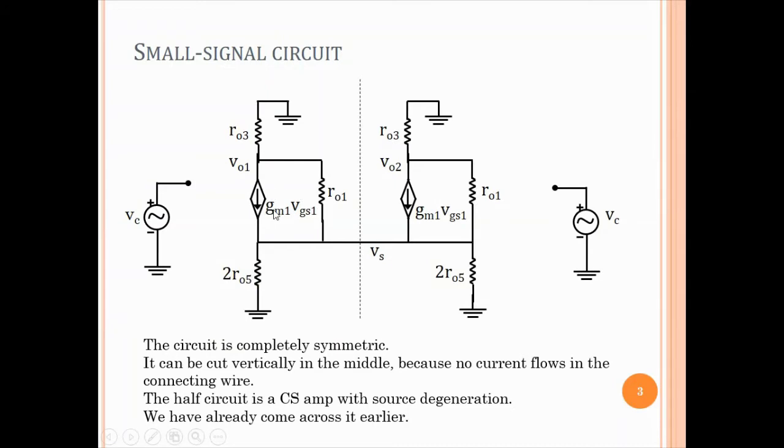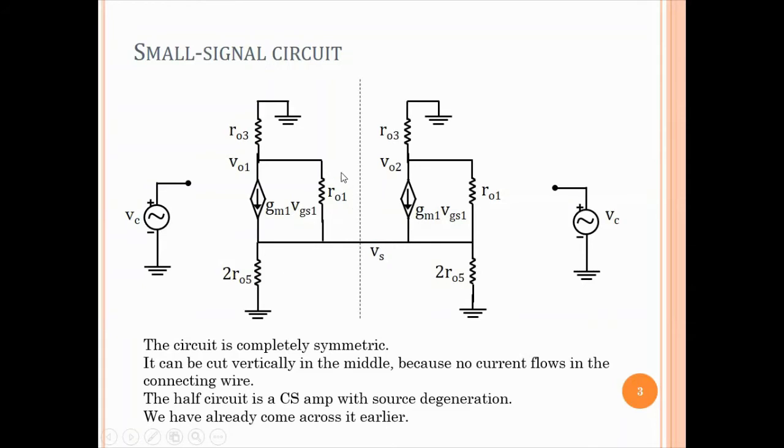By making the assumption that GM1 RO1 is much greater than 1, basically we are saying that most of the current flows through the current source and very little current flows through RO1, and so we can simply ignore RO1, and then the voltage gain will depend only on RO3 and RO5.